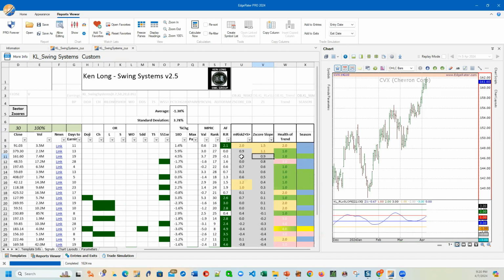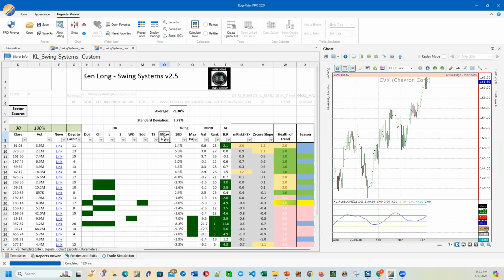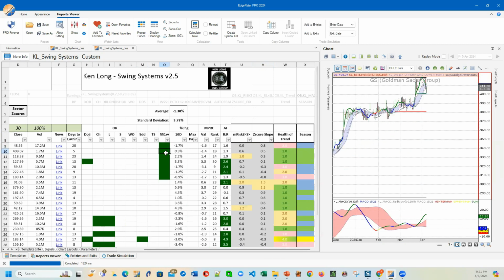Which one are we looking at? This is CBX. Energy is doing well. So it looks like the energies are doing well. Maybe take a look at the 551Ws, see if there are some different names there. Cisco, Goldman Sachs. The XLF was trending down.